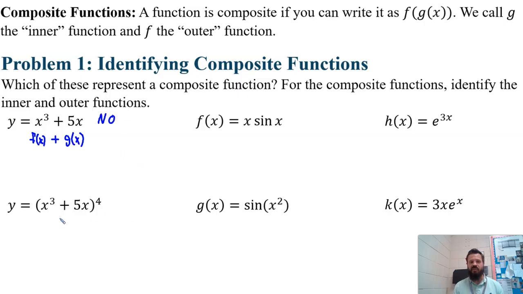Whereas down below, I've got the same two functions, x to the third plus 5x raised to the fourth power. This one is going to be composite because we have an inner function, this x to the third plus 5x.